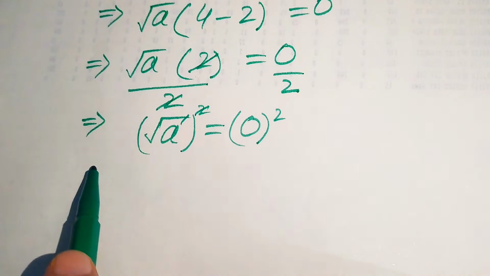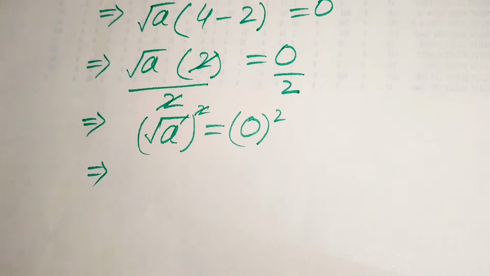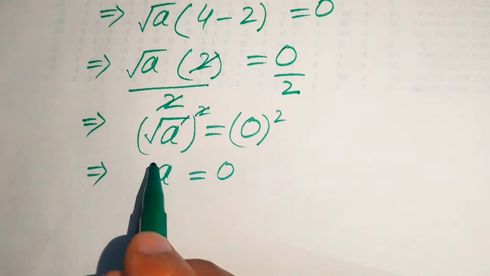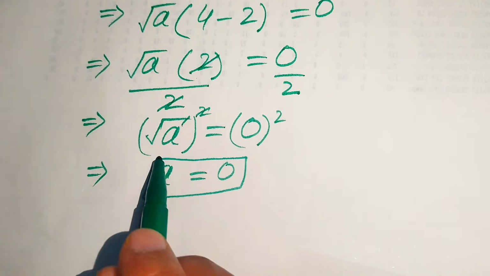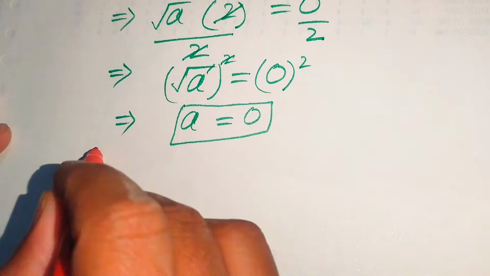The 2 and the square root are gone, and we get a equals 0 squared, which becomes 0. So in the first method we get only one value of a, and that is a equals 0.